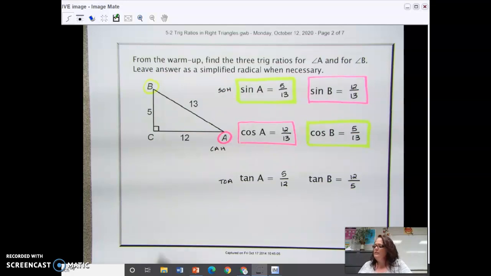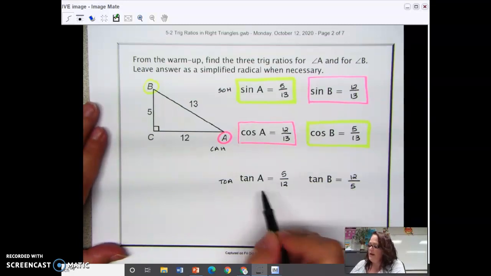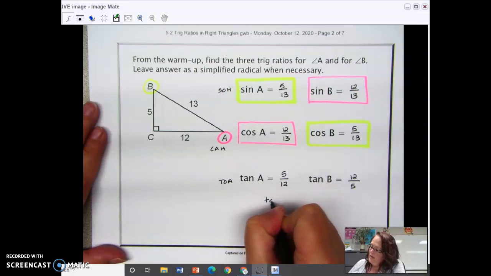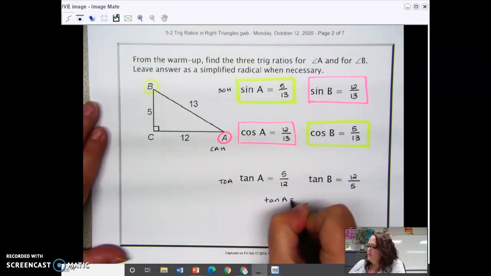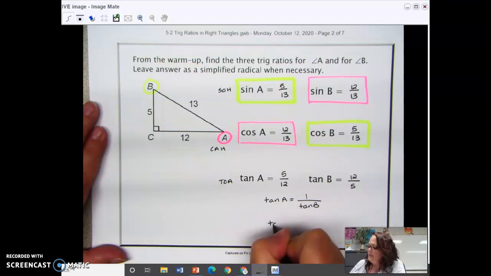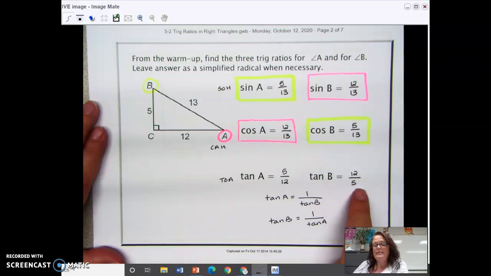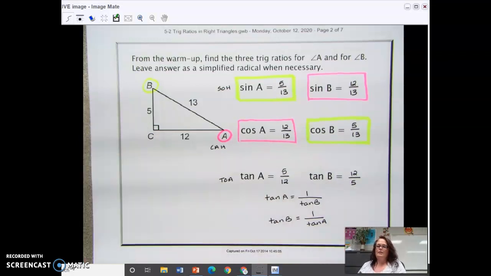And so hopefully you can see that 5 over 12 is the reciprocal of 12 over 5. And so the tangent of A is the reciprocal of the tangent of B. Or you could say that the tangent of B is the reciprocal of the tangent of A. So if I know the tangent of A, I can flip the fraction and get the tangent of B, and same thing in the reverse.